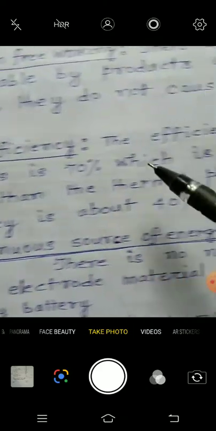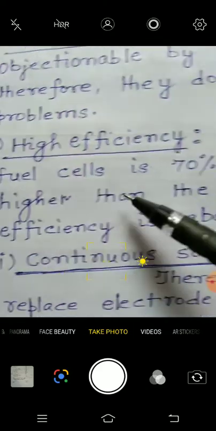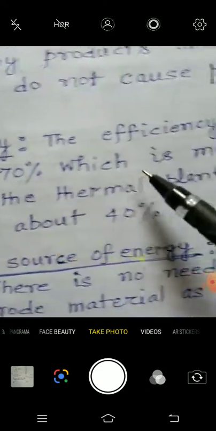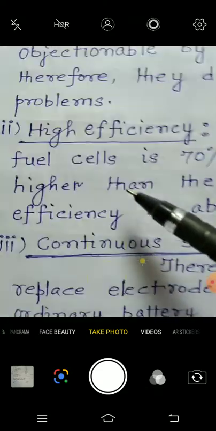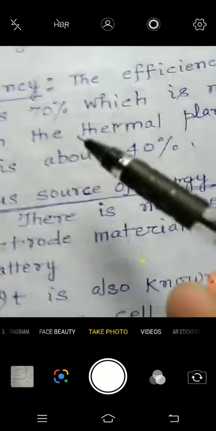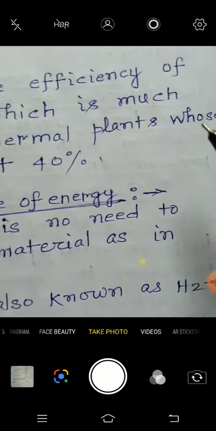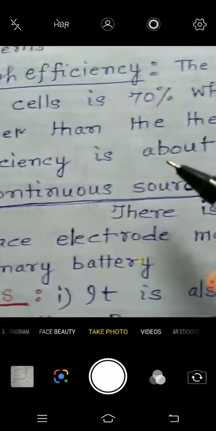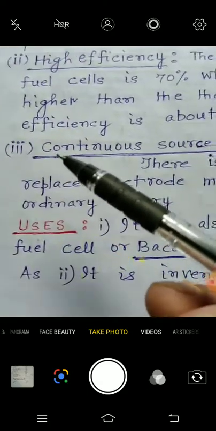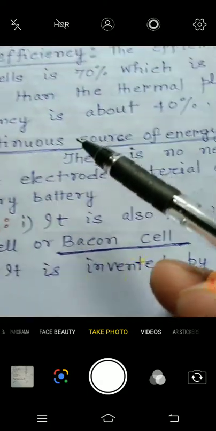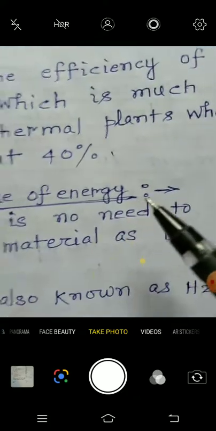Second, high efficiency. The efficiency of fuel cells is 70%, which is much higher than the thermal plants whose efficiency is about 40%. The third advantage is a continuous source of energy.